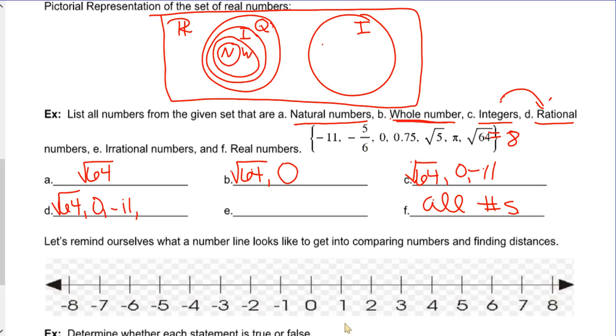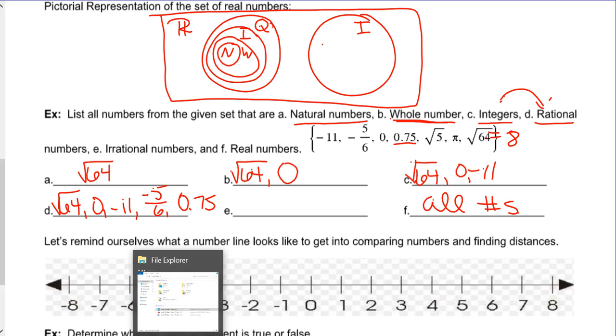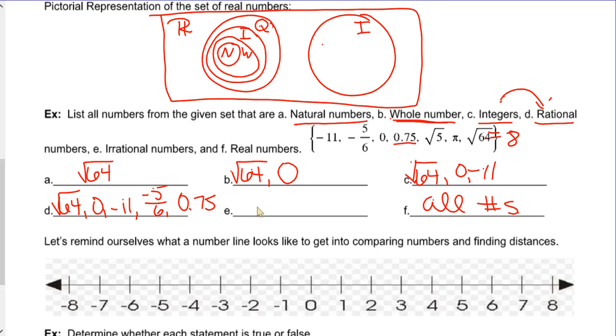Or are there any decimals that are going to be terminating or repeating? And I hone in right here on this one. That is a terminating decimal. So I'm going to add in my negative 5/6 here and the 0.75 as my final rational numbers that I have there. Okay? Now, letter E are any irrational numbers.